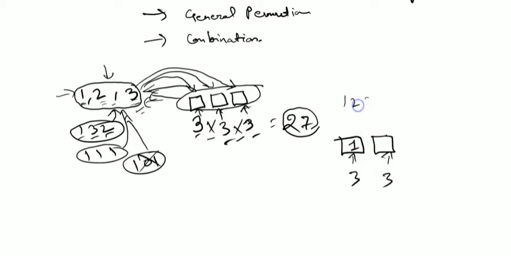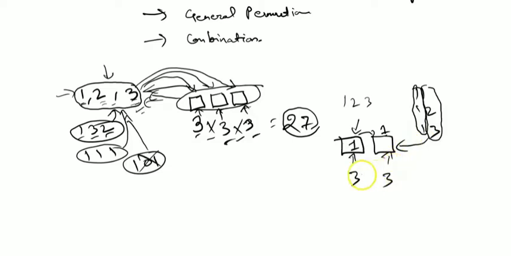When the choices are 1, 2, 3, and it starts with 1, the numbers that I can find would be 11, 12, and 13, because the first number is already selected, which is 1. I can cycle through the three numbers that are available for the second slot.